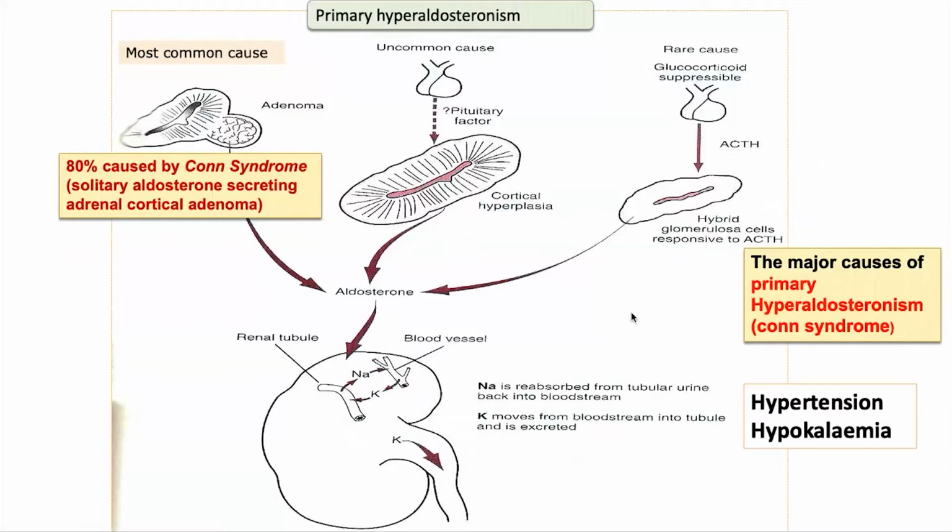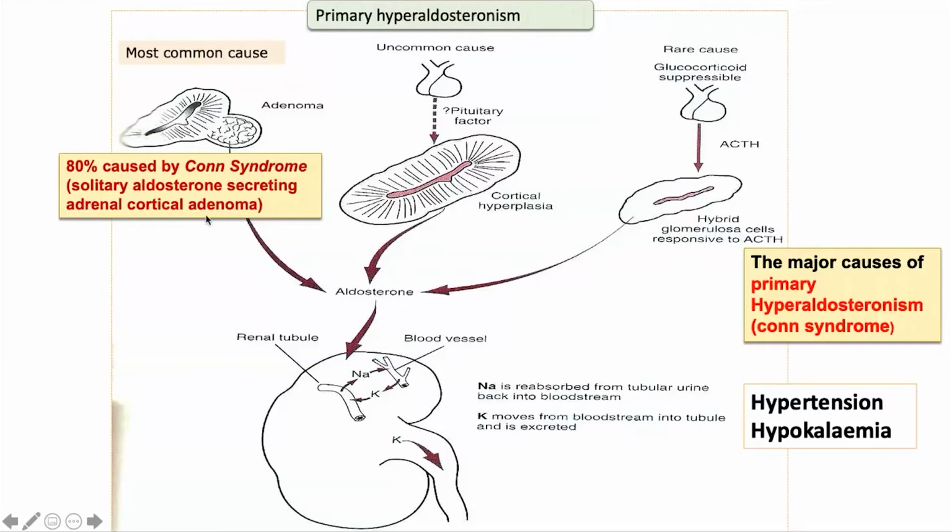Okay, first we start with hyperaldosteronism. We have primary hyperaldosteronism and secondary hyperaldosteronism. Primary hyperaldosteronism is when the aldosterone is produced directly from the adrenal gland, meaning that there is an adenoma.